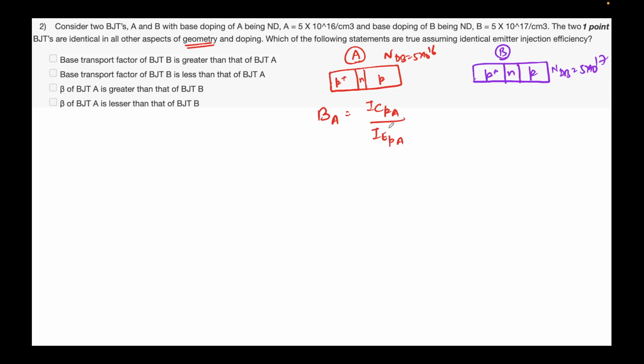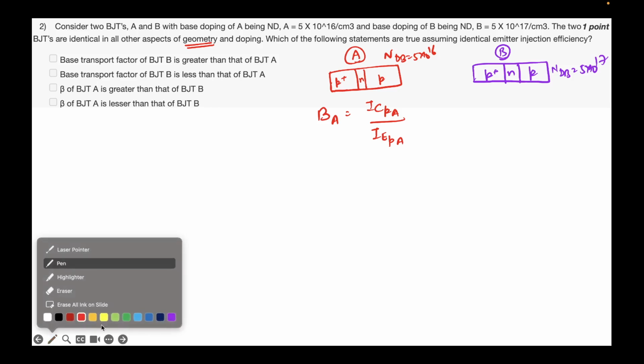Yes, that is correct. And the thing that we know is that they have identical emitter injection efficiency.